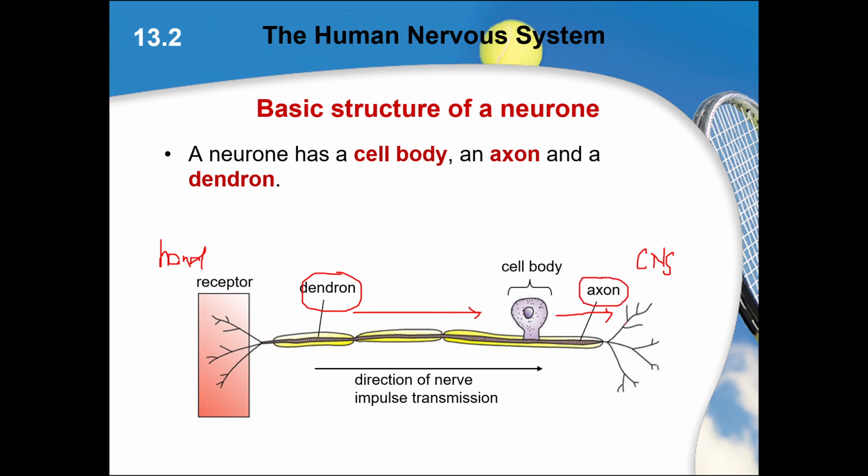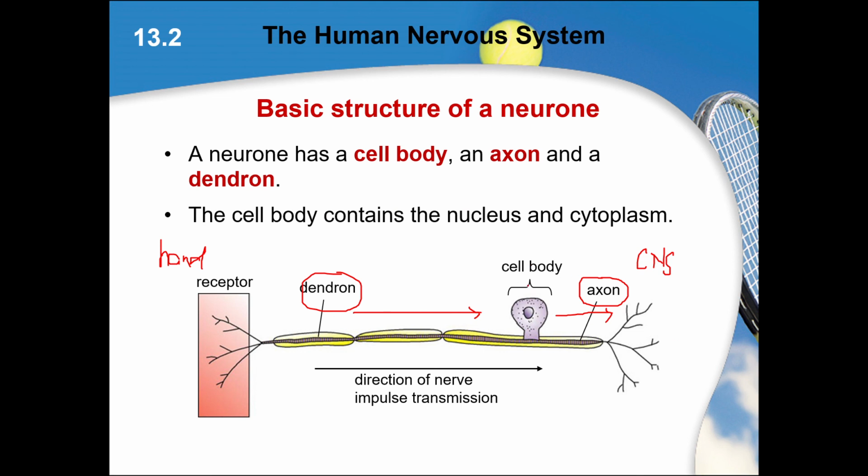Alright, so after the axon, we reach these branches again. Each of these will be known as an axon terminal. These are axon terminals because they terminate. This is the point where the neuron terminates, and it will meet other neurons to transmit the nerve impulse.